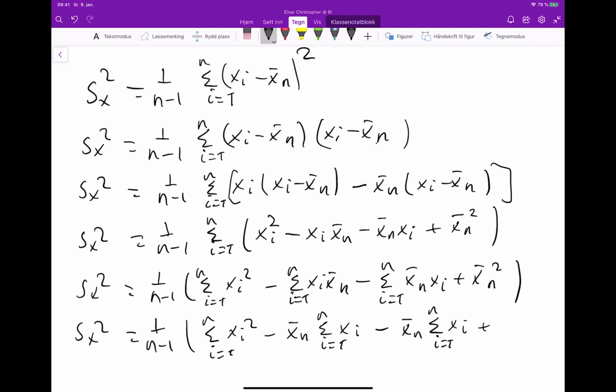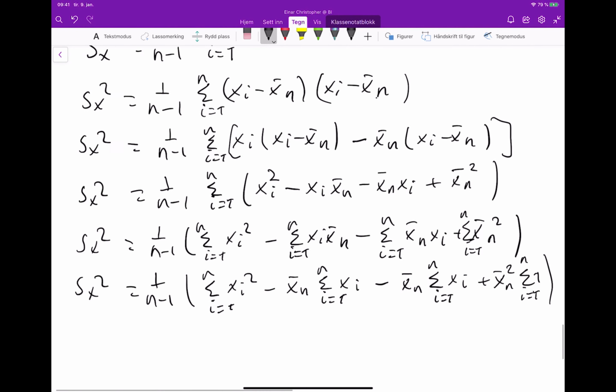And oh, here I had to put the sum sign, of course. And actually x bar n in the power of 2 is also a constant if x bar n is a constant. So I can write this like this. But if I take all out, I have to put in 1, like this.